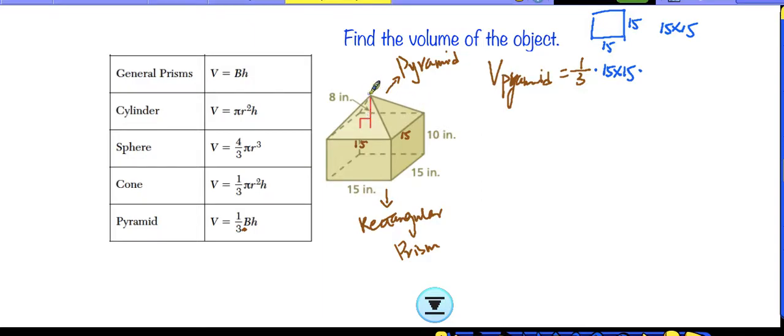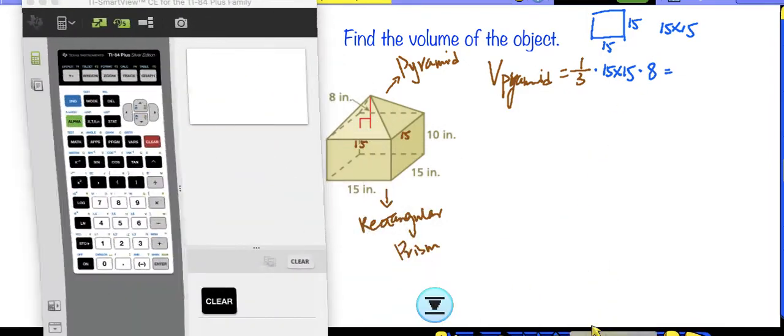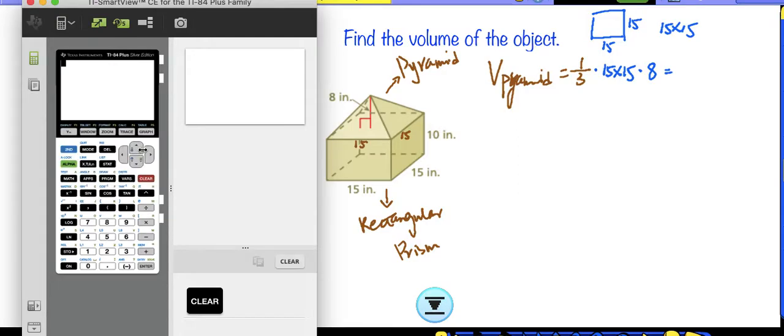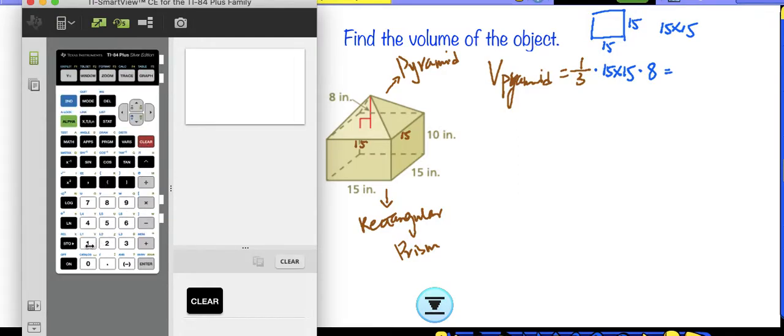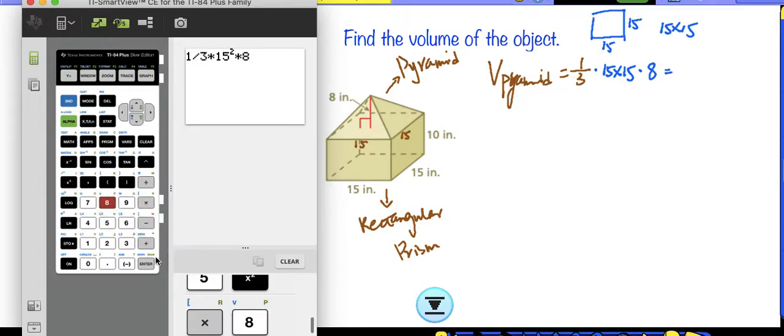Height must be the vertical distance, which is 8. We already have that. Okay, so now we can just do the calculation here. You can always use mental math. Let's just quickly do it here: 1/3 times 15 times 15, which is a square, times 8. Let's see. So this is 600.